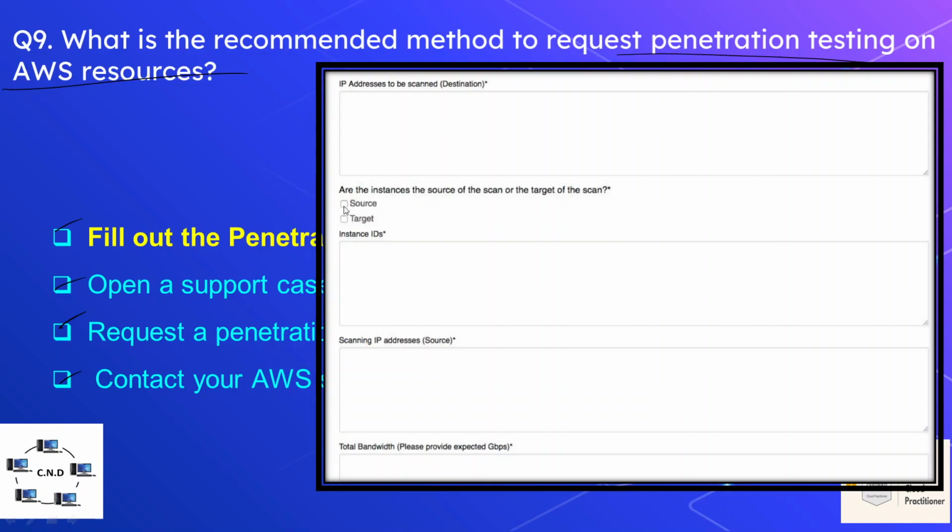Then you may be asked to indicate whether the instances, the source of the scanner, the AWS instances that you are using, are the source or the target, then the instance IDs, the source scanning IP from which you are conducting the pen test, and the expected bandwidth usage during your pen test. So these are some of the fields you may need to fill in on the penetration request form.